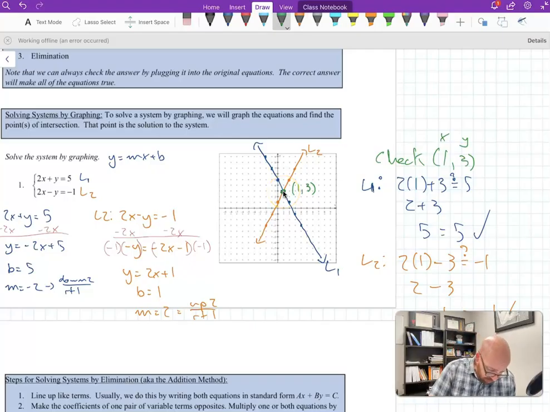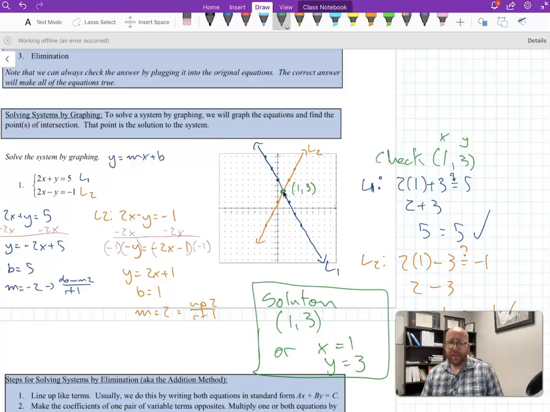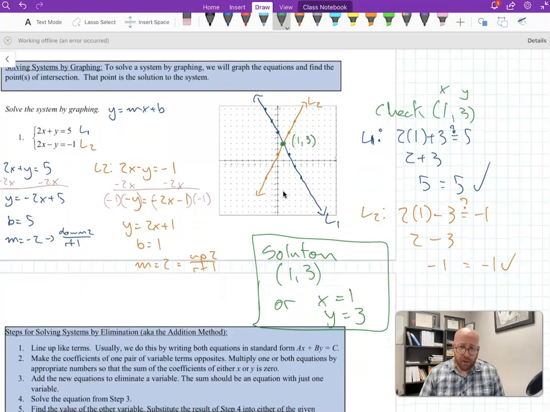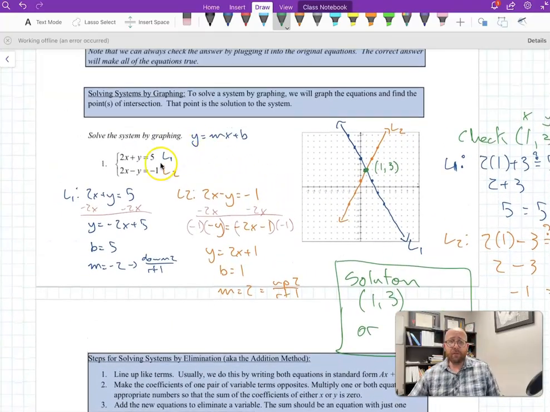So our solution is the point 1, 3. You could also say x equals 1, y equals 3. And that is how we solve a system of equations by graphing. So again, you're going to want to graph both lines on the same coordinate plane.